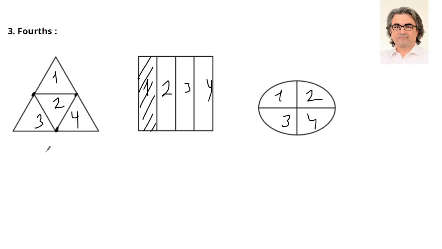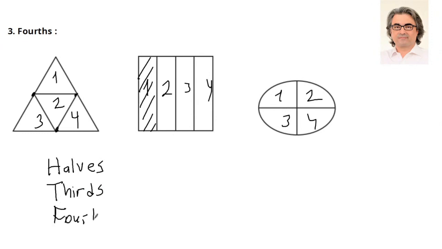So we learned up to now halves. I have 2 equal parts. I divided the whole into 2 equal parts. And thirds, I divided the whole into 3 equal parts, and the fourths.